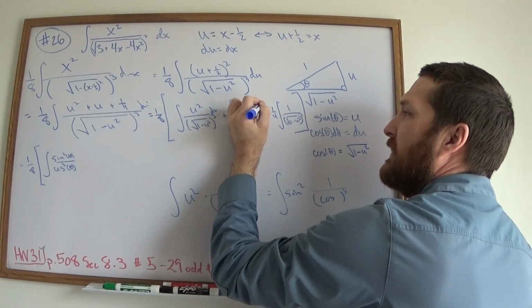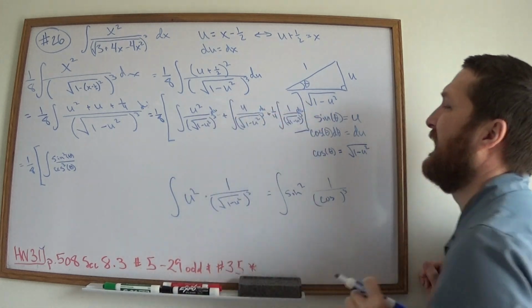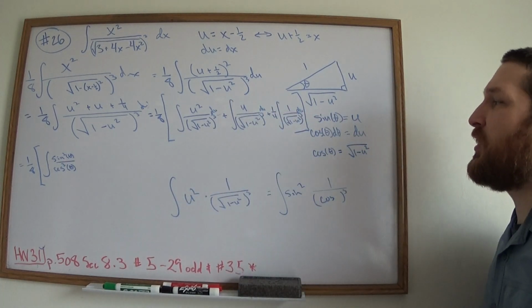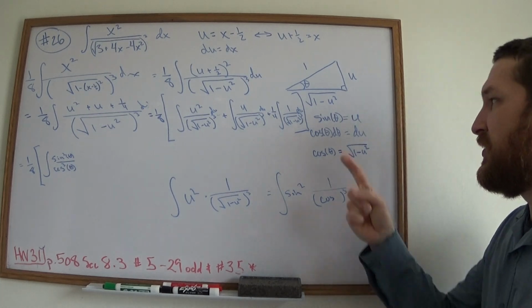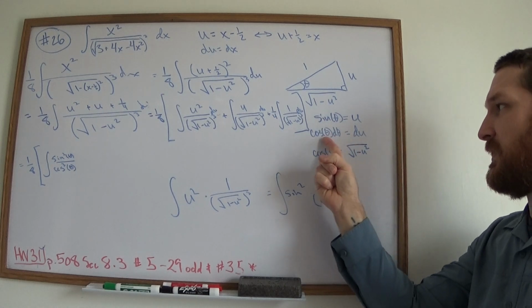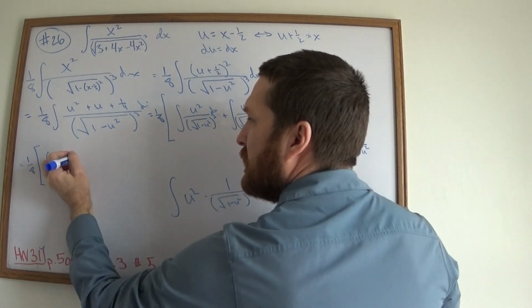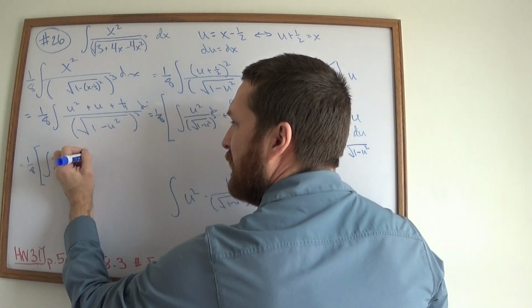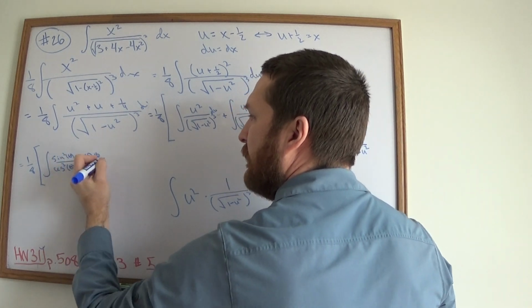Each one of these has a du in it, and du is cosine theta d theta. So each one of these du's needs a cosine theta d theta.